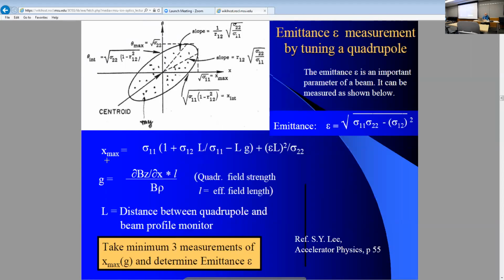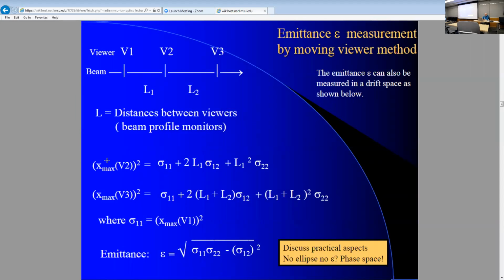There are other methods. If you don't have a quadrupole, just measure at 3 locations the X max at viewer 1, viewer 2, viewer 3, with the drifts between them here. Then you get 3 equations solving the matrix transformation, and that can give you also the emittance, because this here allows you to calculate sigma 11, and if you put sigma 11 then in these 2 equations, then you can solve them all as you are familiar with.